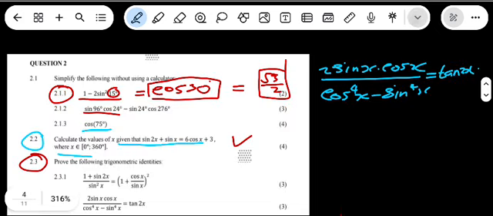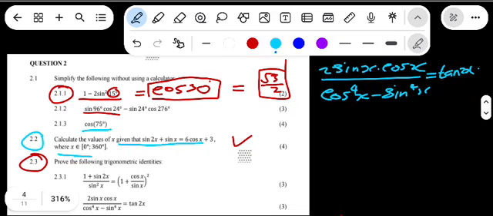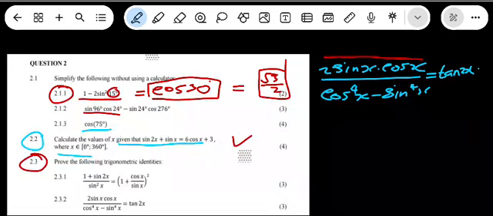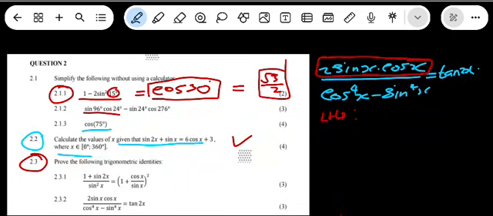All right, now this is nice because you can prove it now. As you can see, this is a double angle. Without the waste of time, let's choose the left hand side.